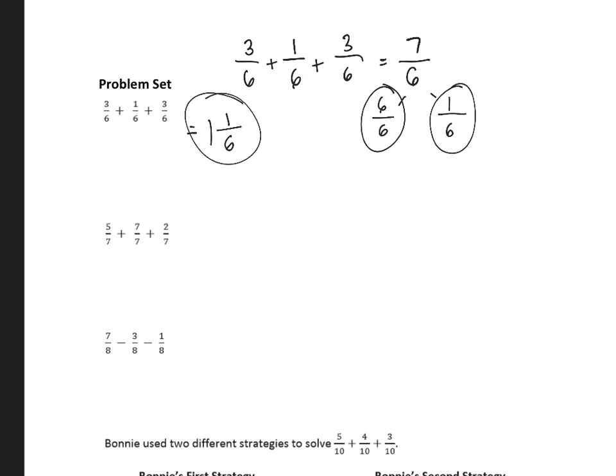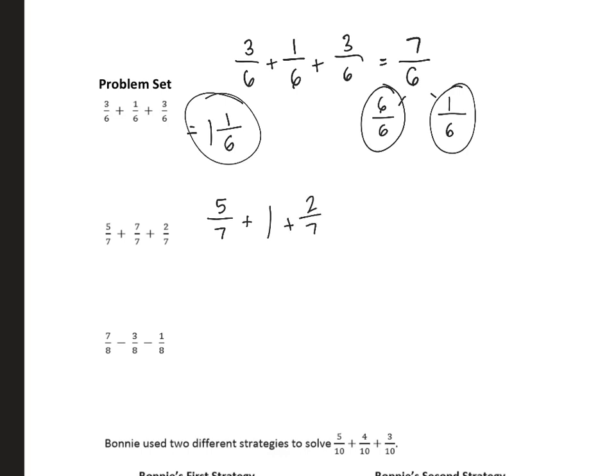Next we have 5/7 plus 7/7 plus 2/7. All right. So I know that, again, we could do this in a couple different ways. We could say, I'm going to rewrite this as 5/7 plus, I'm going to write this 7/7 as 1 whole plus 2/7.